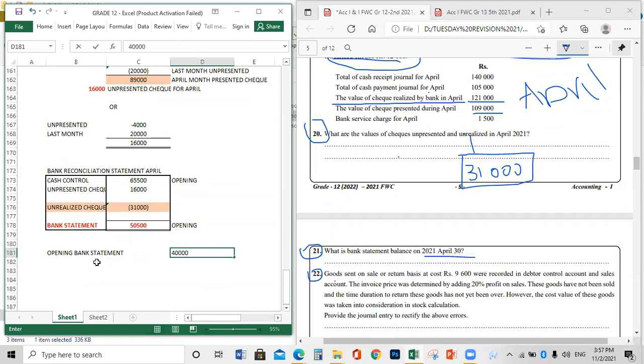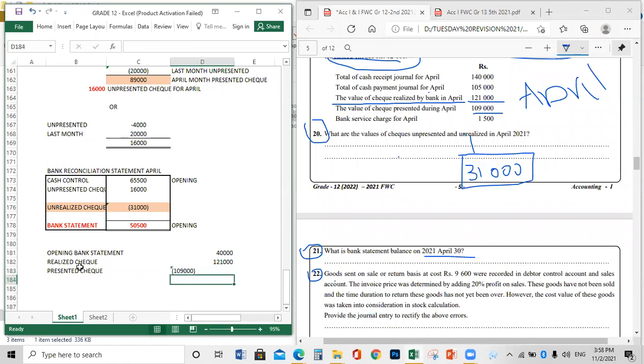What you can do, opening bank statement, you can add the realized check because realized check will increase your bank statement. Realized check is how much? 121,000. Then you deduct the presented check, which is the amount of check issued in the bank statement. That is going to be 109,000.